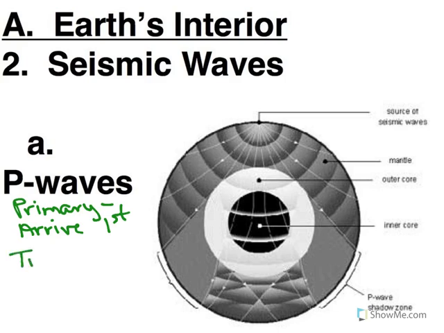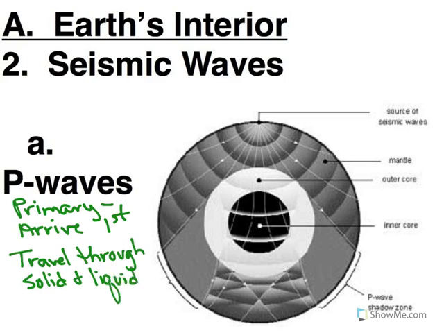Now these travel through both solid and liquid. But in the case of liquid, it needs to be at certain angles, because at other angles it will get deflected, and that's what this illustration is showing.